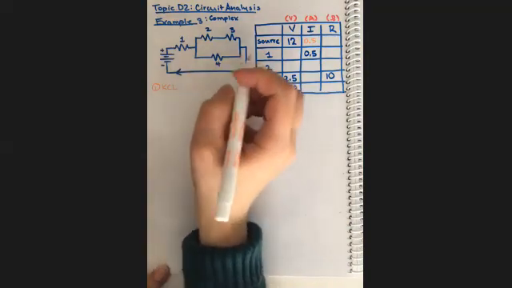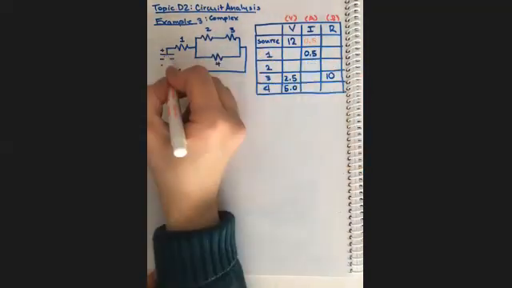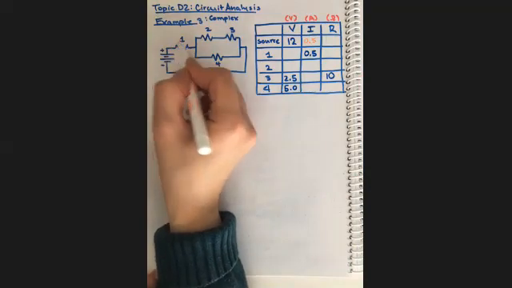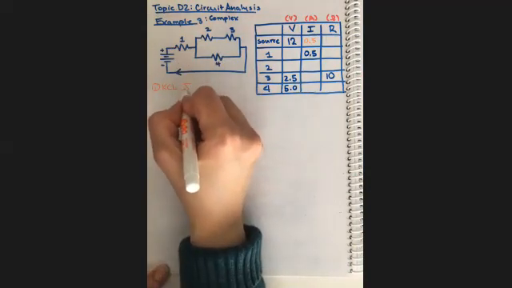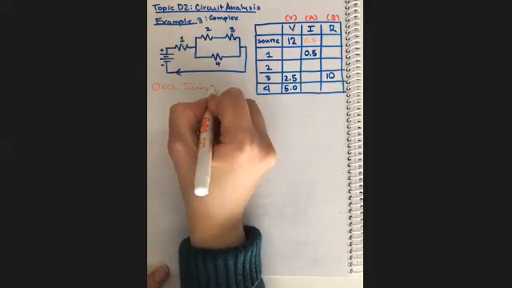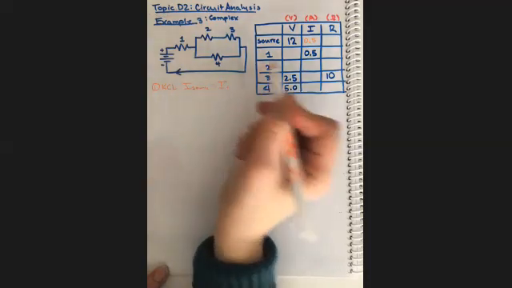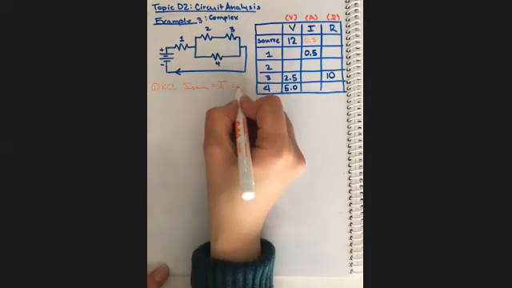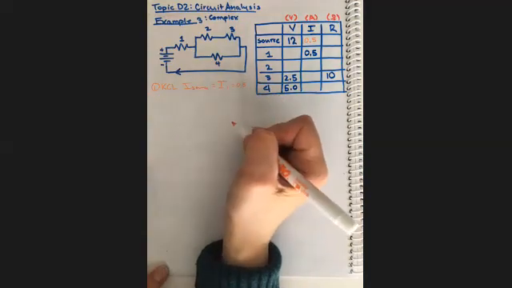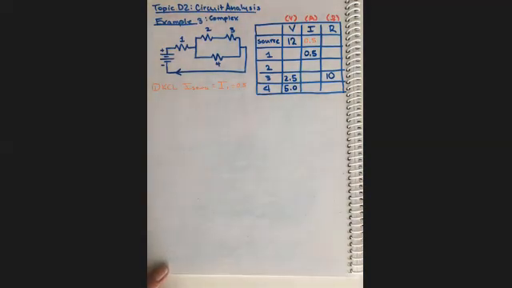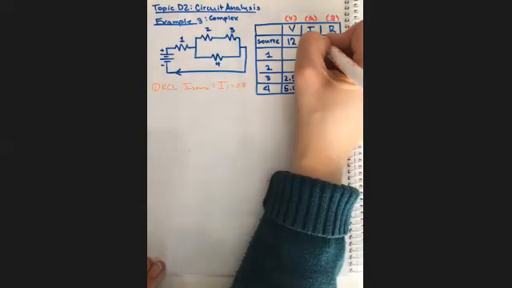KCL tells us that along that path, there is no split. Therefore, I source equals I1. So that's all you have to write. You could write 0.5. Oh yes, we should take a look at significant figures. In the original problem, we were given 2 significant figures. So we're going to actually report that as 0.50.